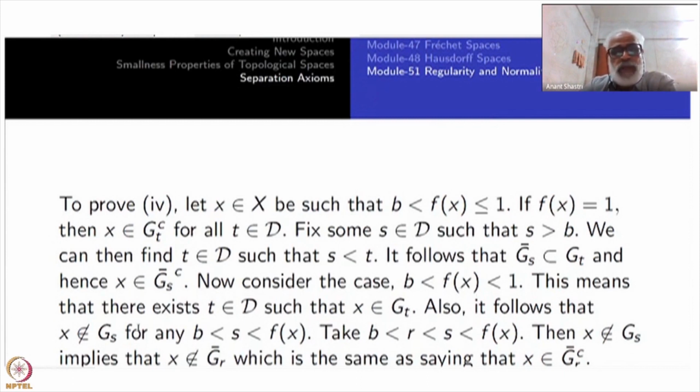Also, it follows that x is not in G_s for any s with b less than s less than f(x). If that is the case, then f(x) would be infimum, it will be smaller than that one. So if s is smaller than f(x), x cannot be in G_s because f(x) is the infimum. So now you take b less than r less than s less than f(x). Again, I am using density of D here.